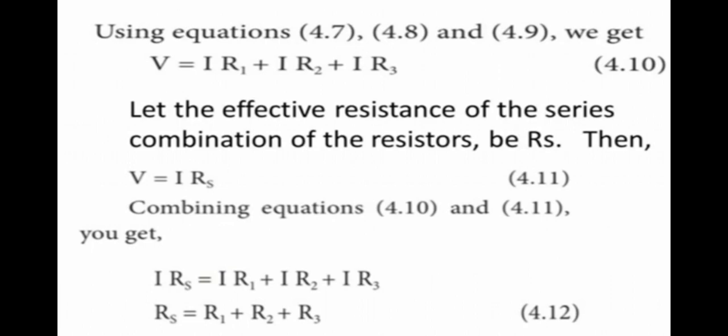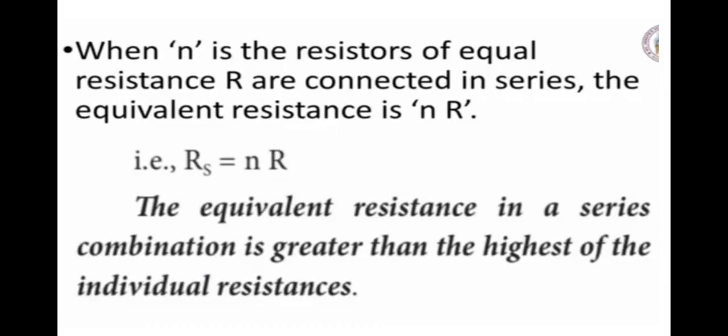The equivalent resistance in a series combination is greater than the highest of the individual resistances. So here you understand that when a number of resistors are connected in series, their equivalent or effective resistance is equal to the sum of the individual resistances.